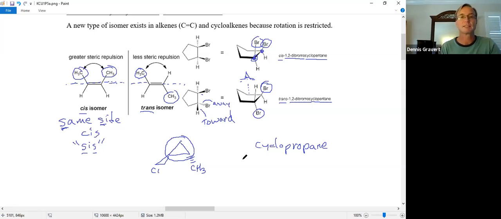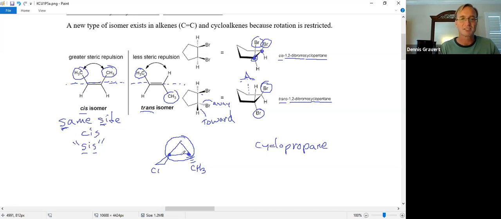Step 3, let's number it. Okay, number rings at a branch. So this carbon down here of the ring, or this carbon down here on the right side, one of them is carbon 1. Well, you break the tie by the second branch, so it's either going to be the chlorine on carbon 1, the methyl on 2, or the methyl's on 1, the chlorine's on 2. It's a dead tie.